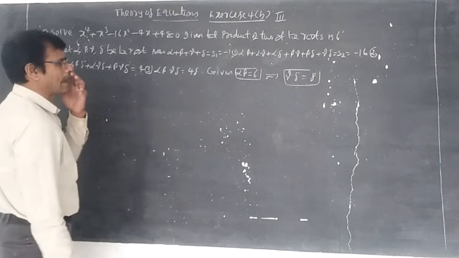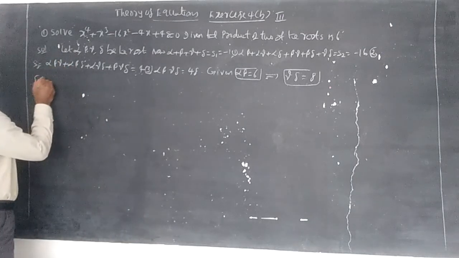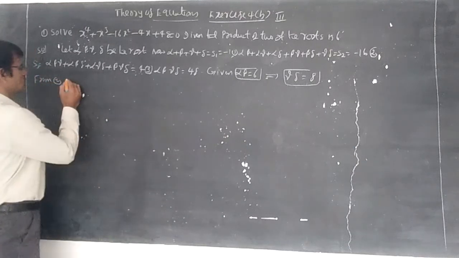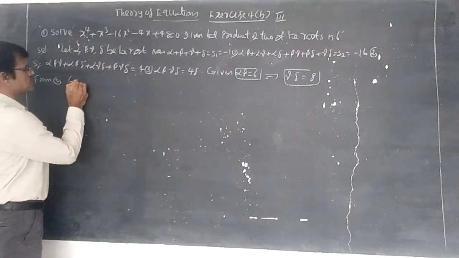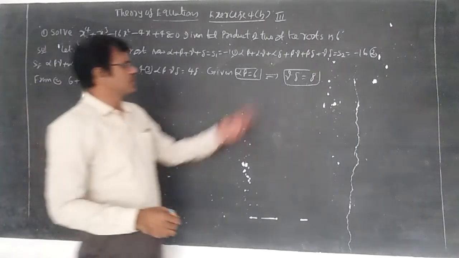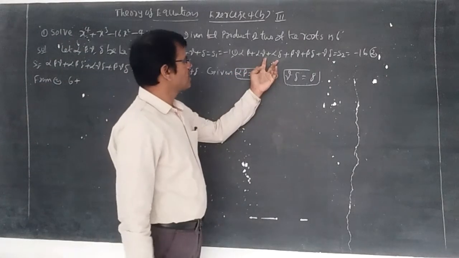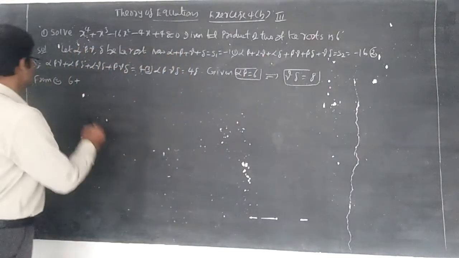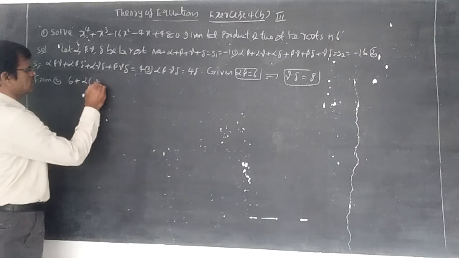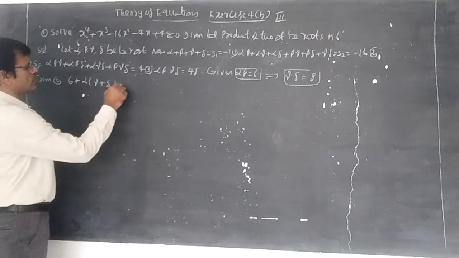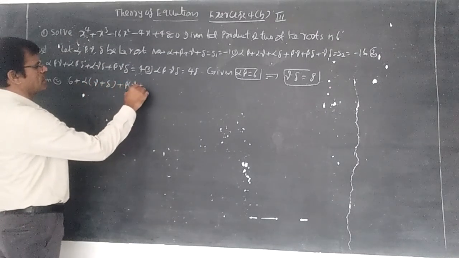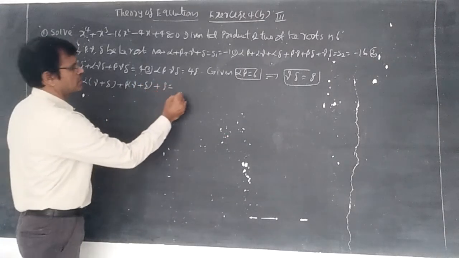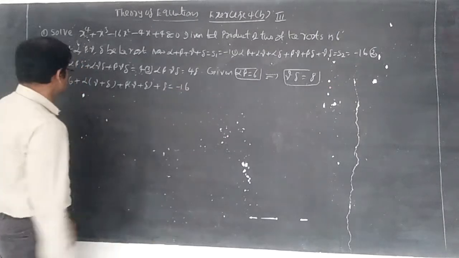From 2 we can write, substituting the values alpha beta 6 and gamma delta 8: alpha within the brackets gamma plus delta, plus beta within the brackets gamma plus delta, plus gamma delta, meaning 8, is equal to minus 16.